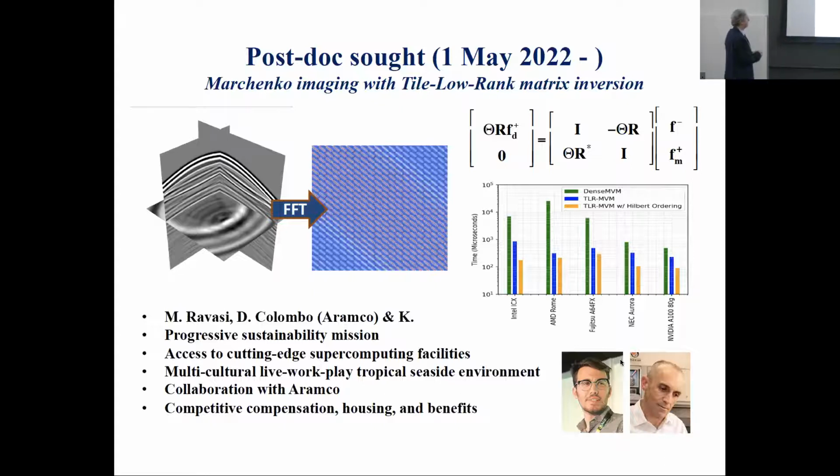But we recently landed two such tasks, one with Daniel Colombo at Aramco, a very clever optimizer, inverse problem seismologist kind of guy, and my new colleague, Matteo Ravasi, who actually has some industry and good academic experience in Marchenko imaging with tile low rank matrix inversion.